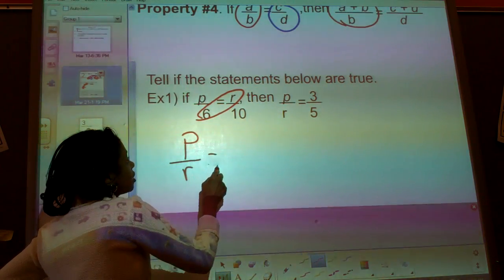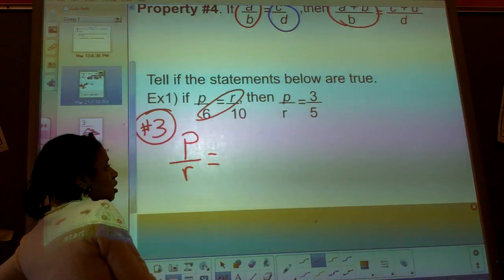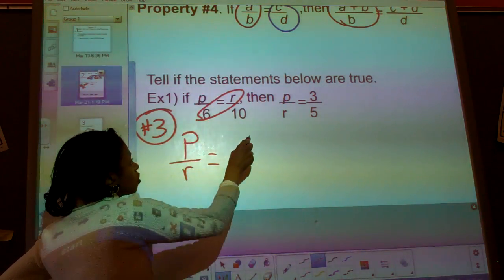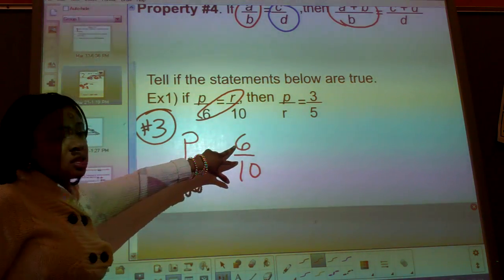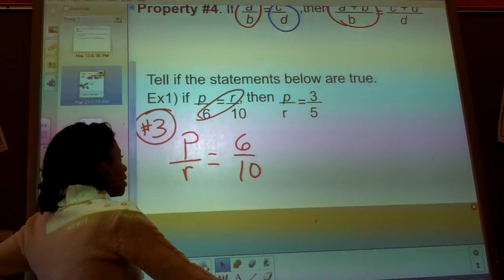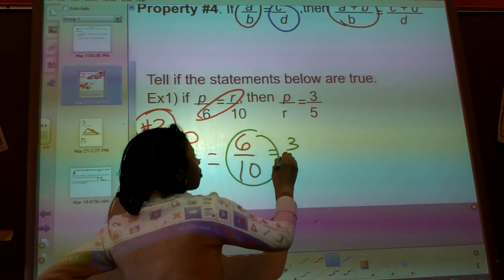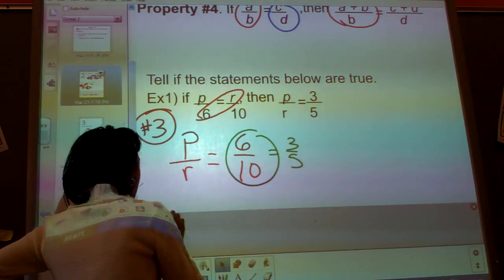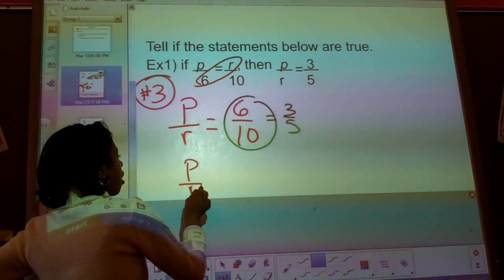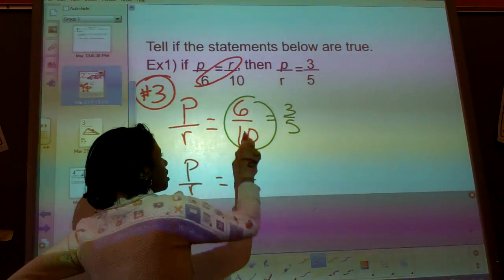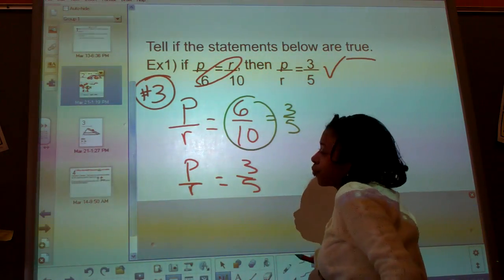I'm saying this is property 3. That's my guess. So P over R is equal to 6 over 10. Well, immediately when I look at this 6 over 10, I say to myself, that can be simplified to 3/5. So if I rewrite this, that's simply going to say P over R equals 3/5. That 6/10 wasn't simplified. So yes, this is true.